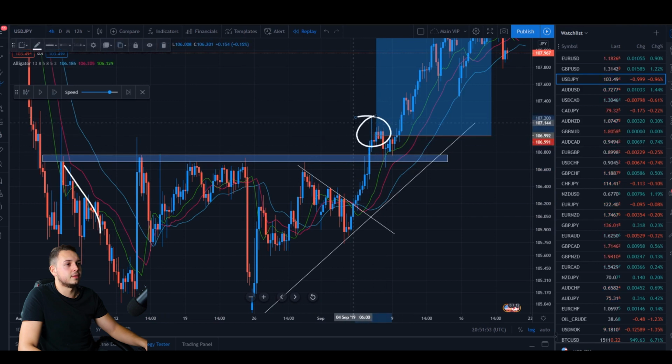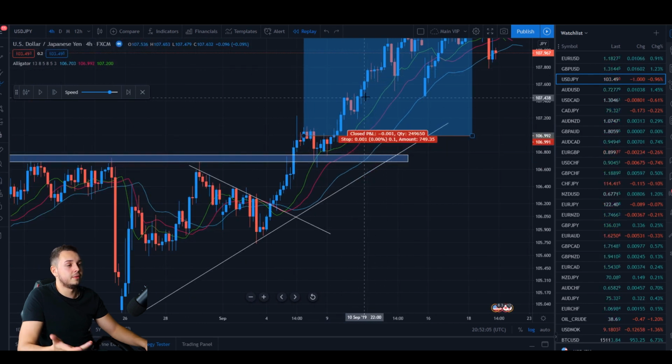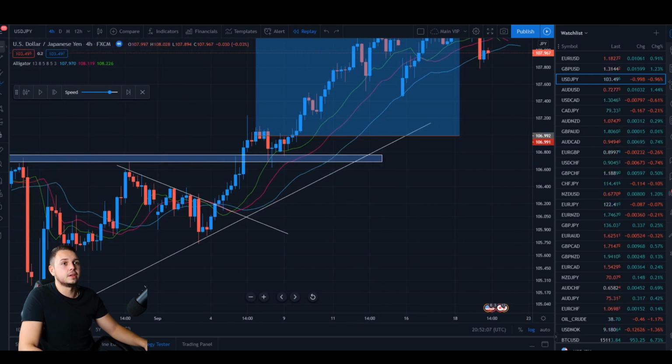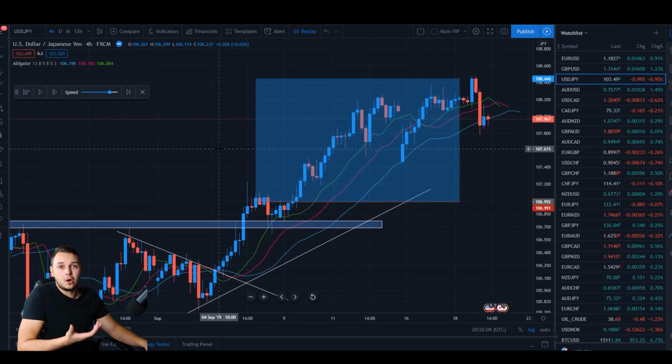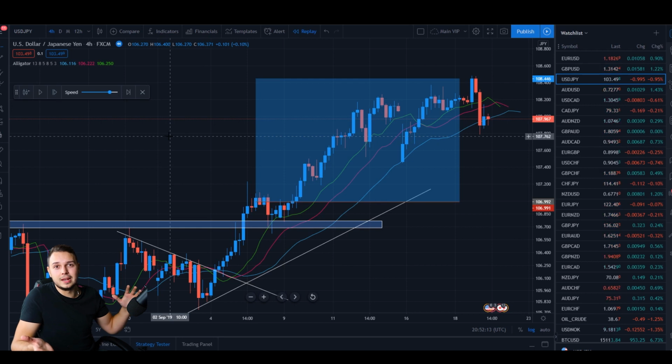Then after it breaks like this, pulls back like this beautifully, and we get a bullish engulfing candlestick, plus all the alligator lines are shooting towards the upside very steeply. It's a clear indication that probably the markets will shoot towards the upside even more. And then we saw the daily candlestick as well was a huge daily candlestick, which again shows buying pressure, and we should definitely be killing the markets.